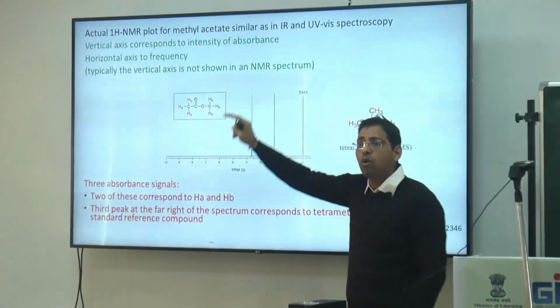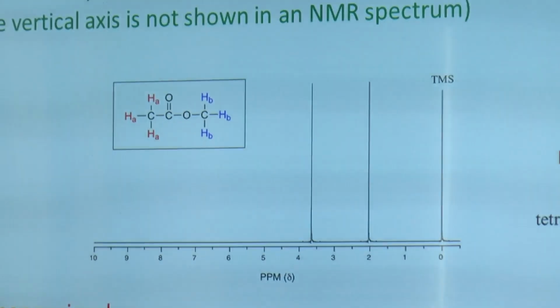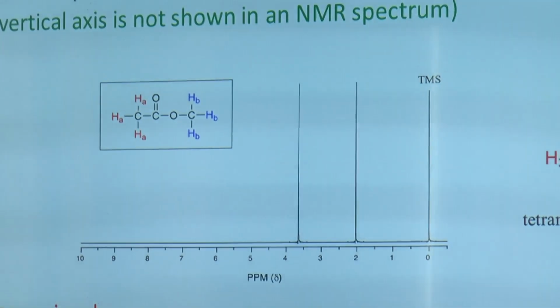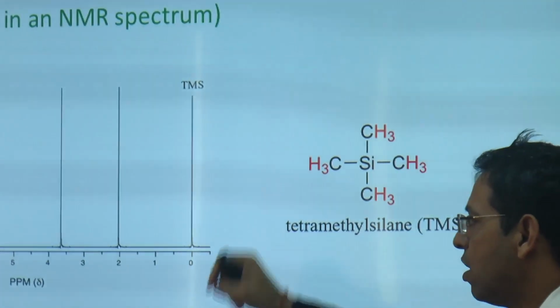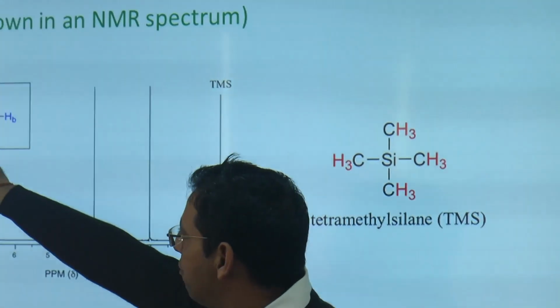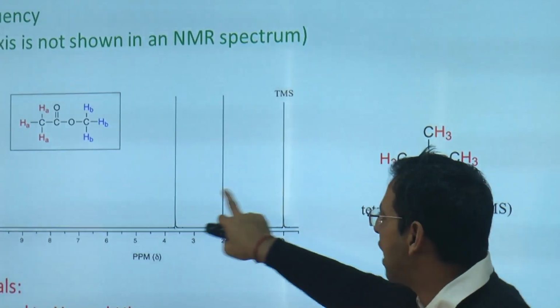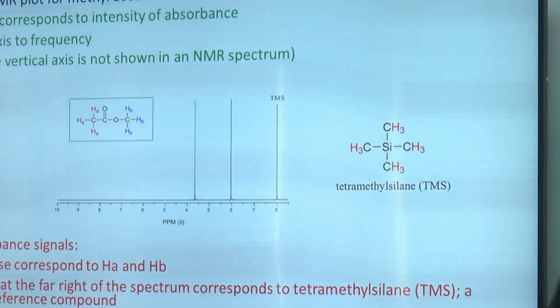It means both non-equivalent proton populations have the same number of protons, 3 here, 3 here. These two peaks are associated with HA and HB. The third right peak is the internal standard that I told you.